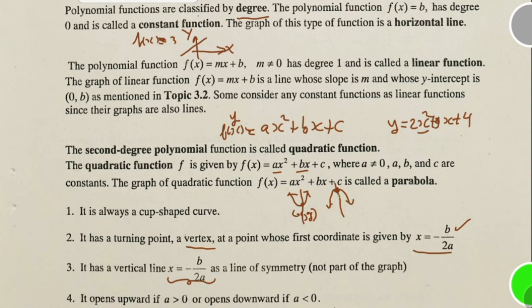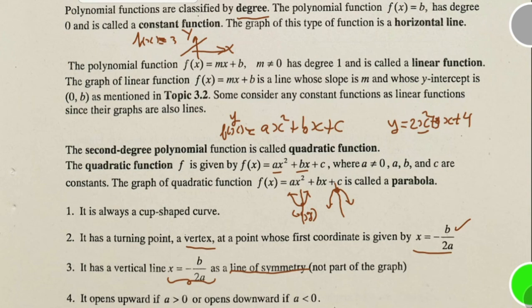Therefore, this vertical line is called the line of symmetry. This line is an imaginary line. This line is not part of the graph. About this line, the left and right of the graph are identical. It is the same on the left of this line as on the right of this line.